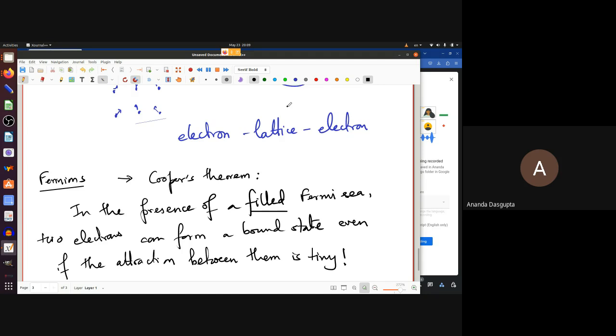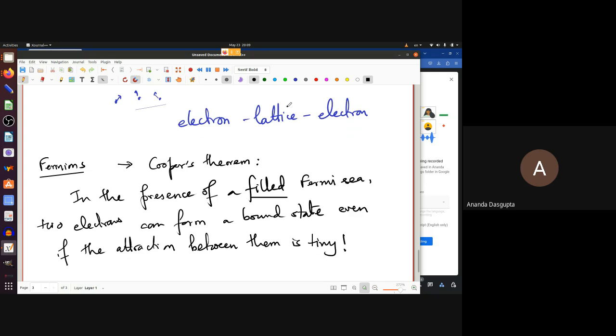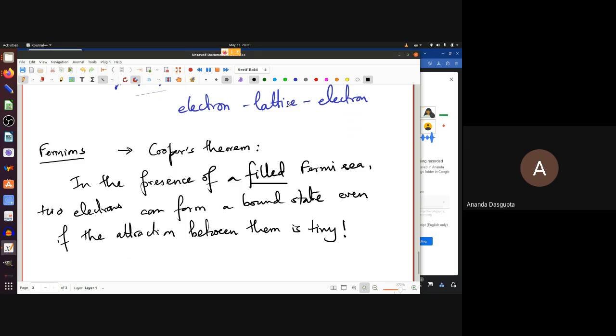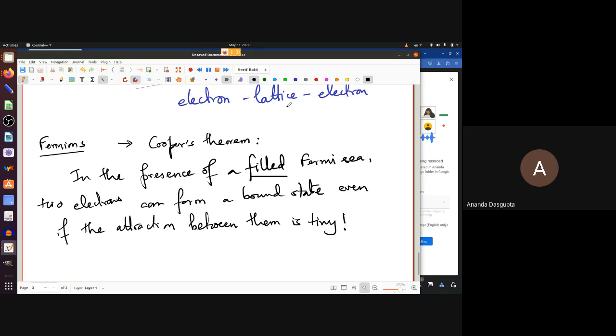Okay, so next day we'll start with Cooper's theorem. We should be able to finish that proof in less than one class, and then go on and start talking about BCS, the standard theory of superconductivity, for the so-called standard superconductors, not the high Tc superconductors, but the ones before that.